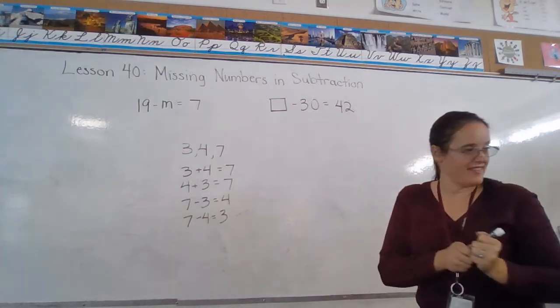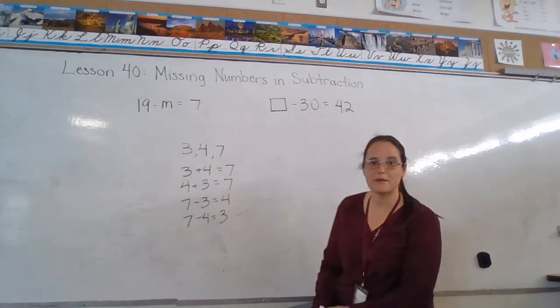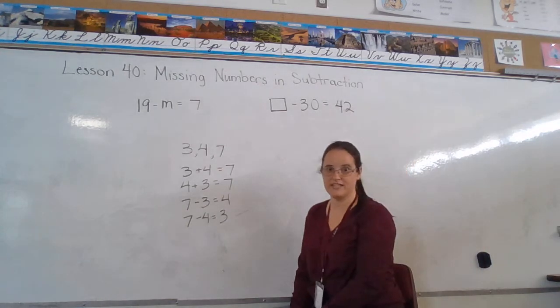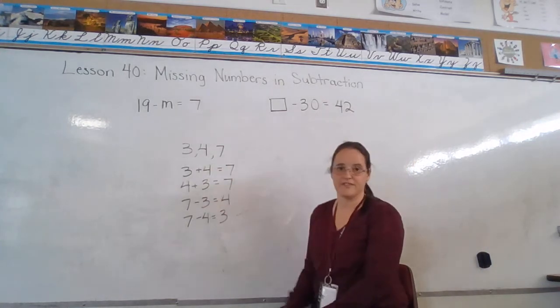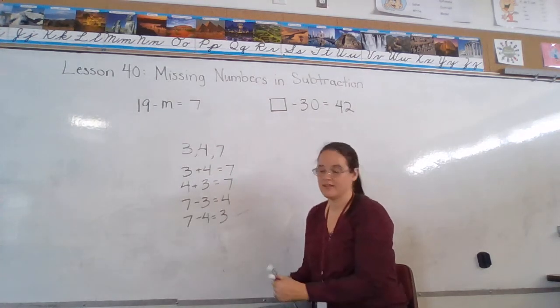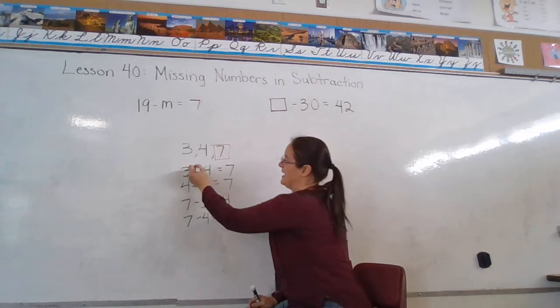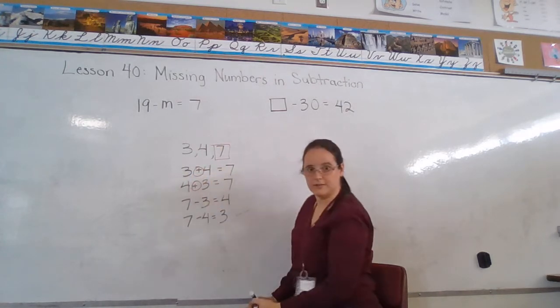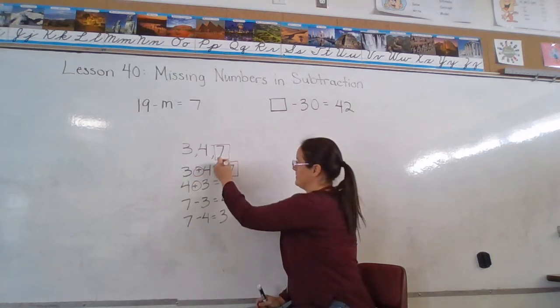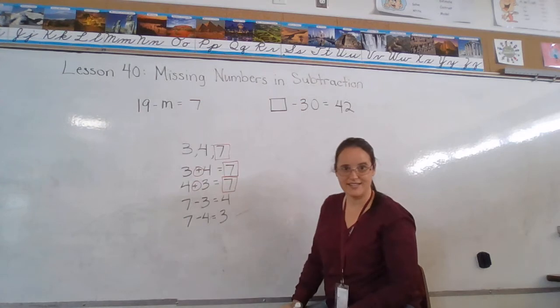So the main thing that I want you to notice first is where is the big number in all of these? Look at 3, 4, and 7. What is our biggest number? That would be the 7. So look, in my addition problems, my biggest number is the answer. It's at the end.